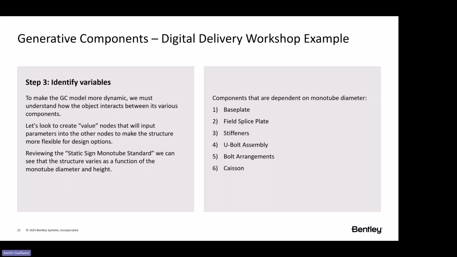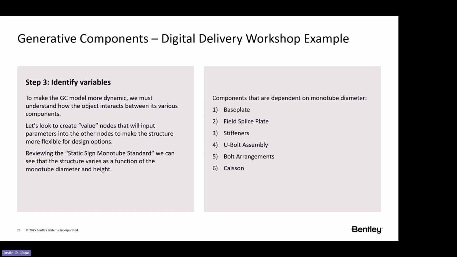All right, so looking at the cantilever itself, we have identified a few different components here that are all relative to common variables. This is generally my experience with the sign structures. A lot of the agencies have very similar standards on how monotubes are built.